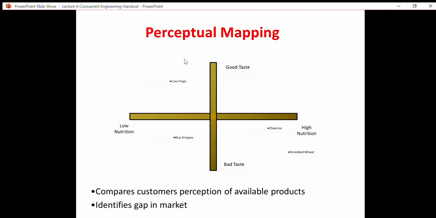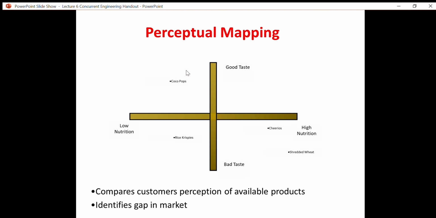Then we can use this method, perceptual mapping. For example, we do this for a food product. We make the mapping low nutrition, high nutrition. That is the first line, and the second line is good taste and bad taste. We make a cross line here. So from here we map our product in the market.